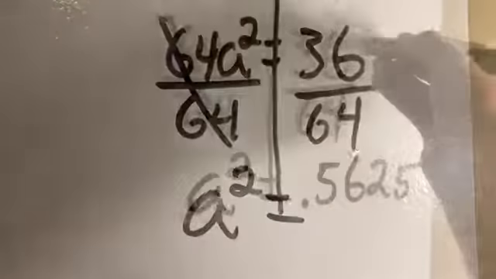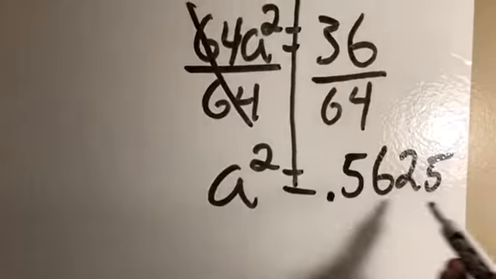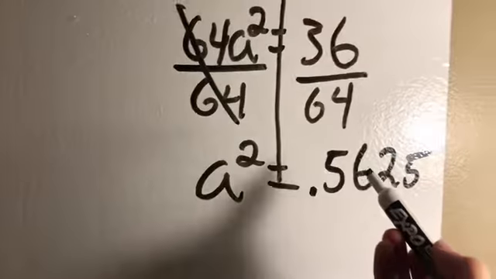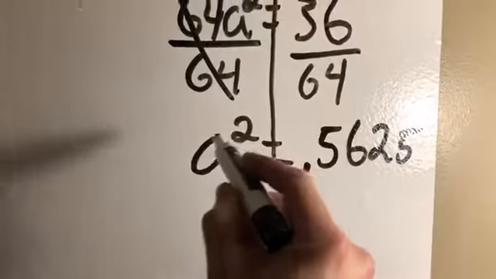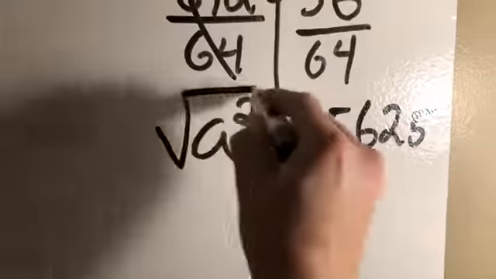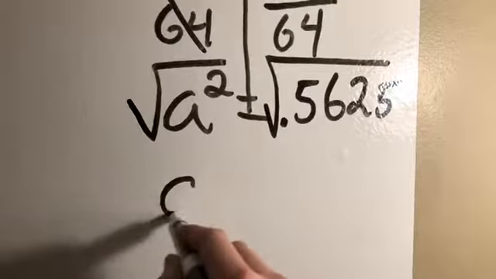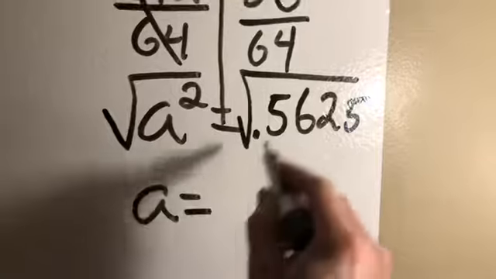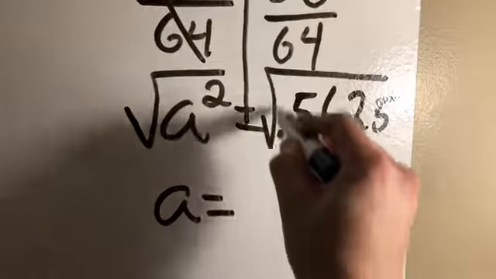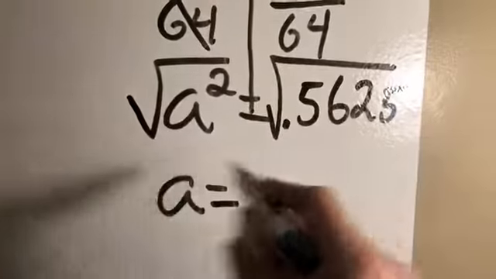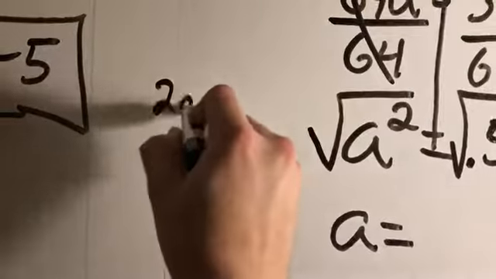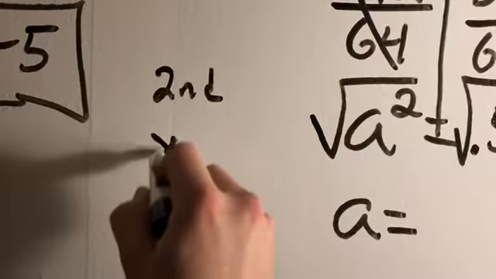And then a squared. 36 by 64, we get this crazy decimal in the calculator. We can still keep solving. To get rid of a squared, now that it's totally alone, the square root. So that'll give us a equals. Now, the way to do this is to go find the square root button on your calculator by hitting second, the blue button on top, and x squared.